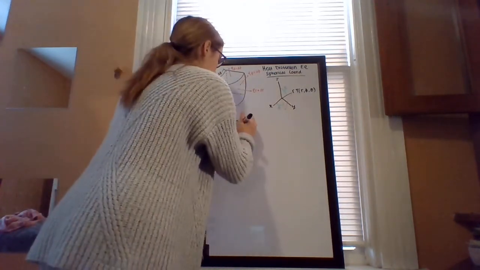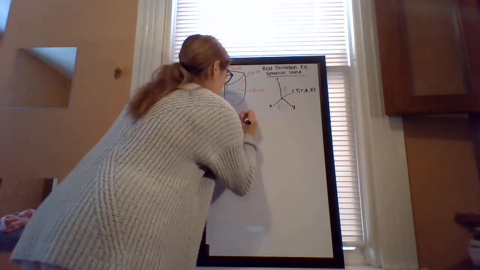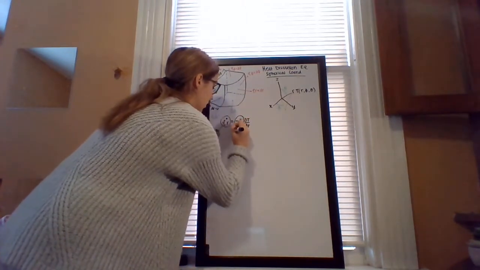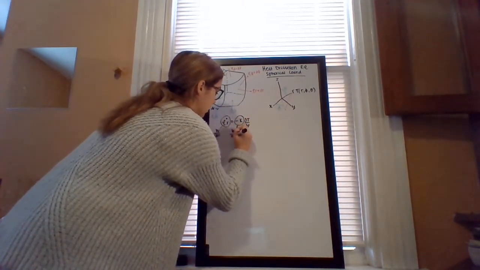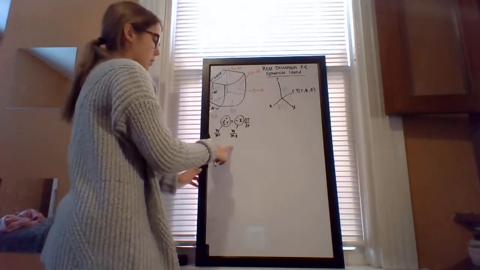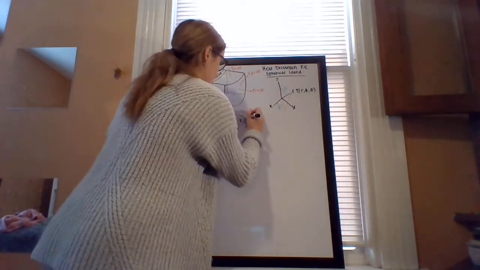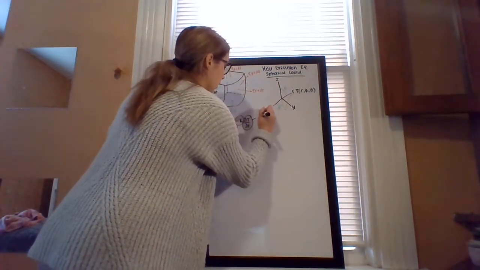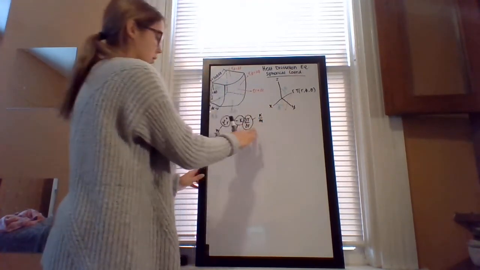K is going to be in watts per meter per Kelvin, and the temperature gradient is going to be in Kelvin per meter.